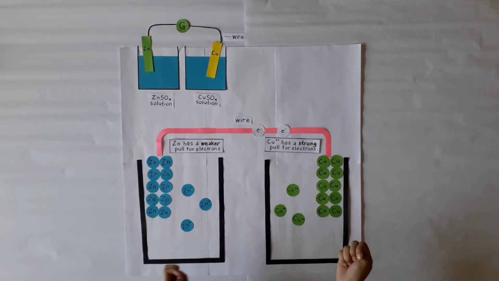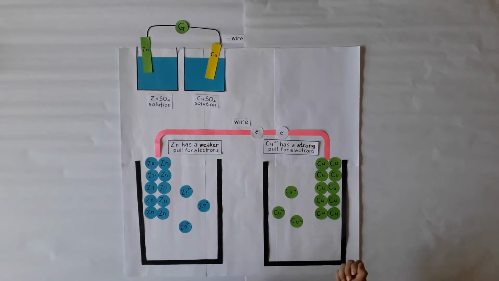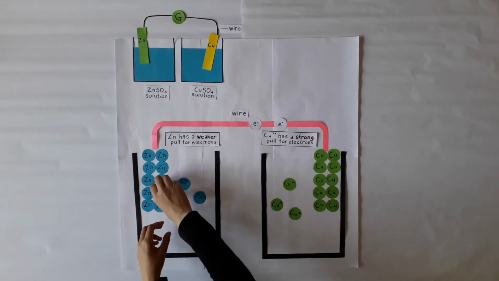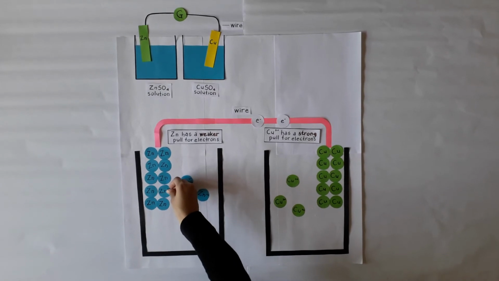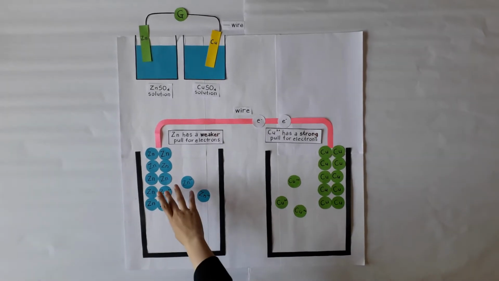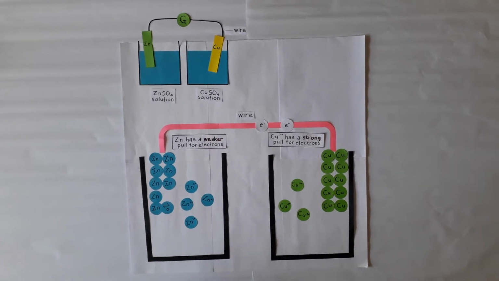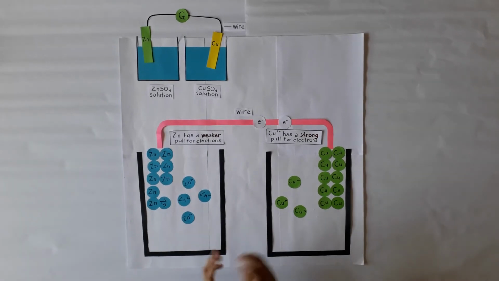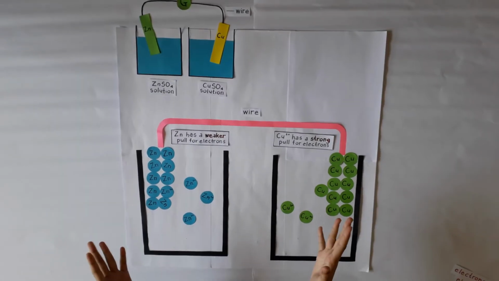Now, when zinc gives away these 2 electrons, its charge changes. It has lost 2 electrons, so it gets a positive charge and becomes Zn2+. Changing from neutral has a big effect on this atom, because neutral atoms make up solid metal, but metal ions usually dissolve in water. So, after this zinc atom turns into Zn2+, it's no longer part of the solid metal anymore, and it floats off and dissolves into the solution.